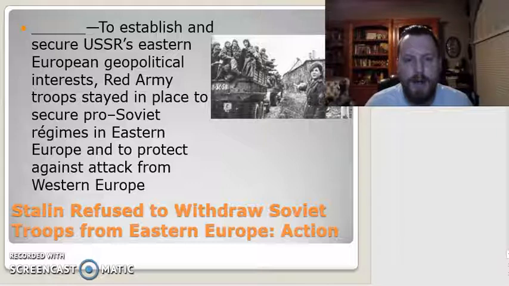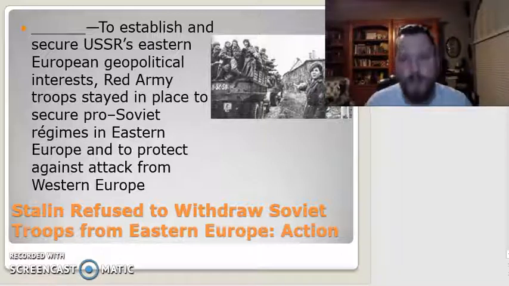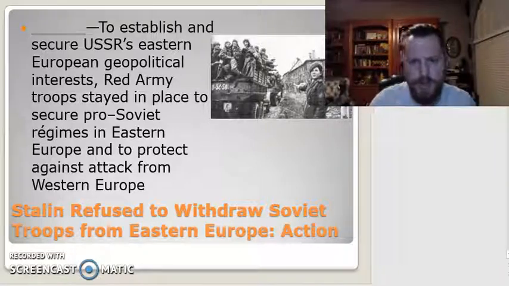This is when Eastern European countries decide to go with the Soviet Union to get extra protection just after the war. I will give you a little bit of a hint here. This is going to be very shortly after World War II ends. You can actually see Soviet troops over there to the right in that picture.